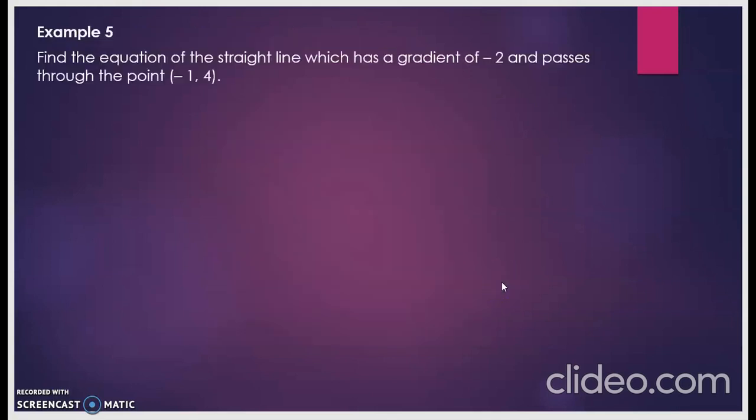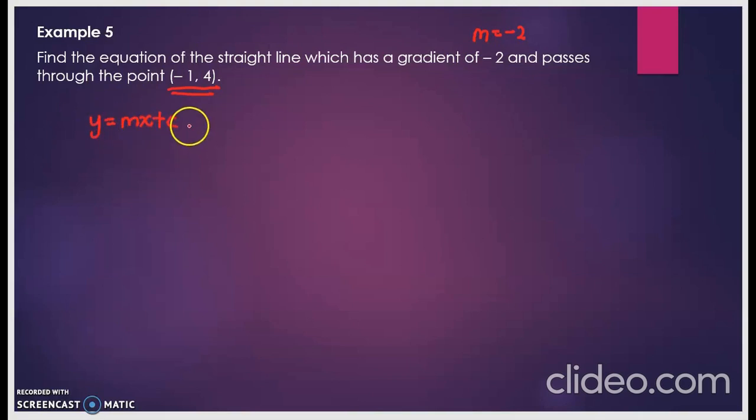If you look at example 5, find the equation of the straight line which has a gradient of -2, meaning the gradient is given. Our m is equal to -2 and it passes through the point (-1, 4). So if the gradient and the point are given, we can straightforwardly find the equation of the straight line. We start with the formula y is equal to mx plus c.